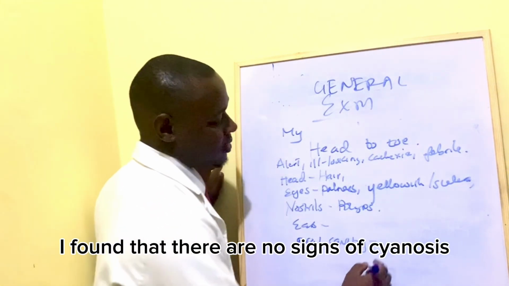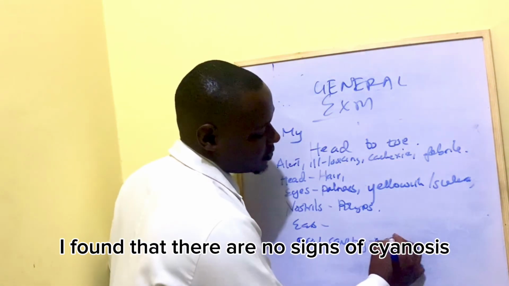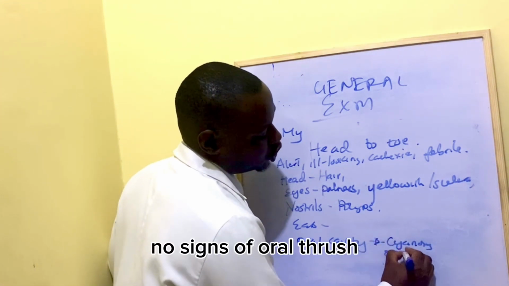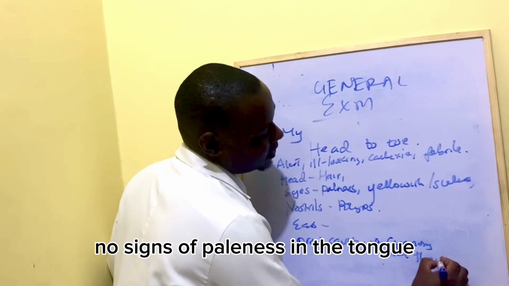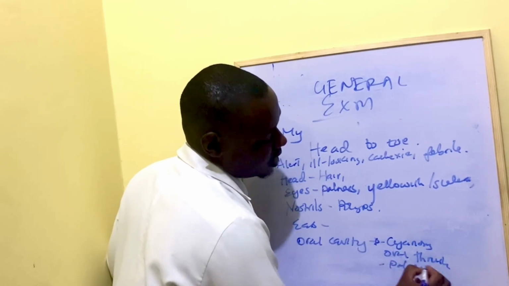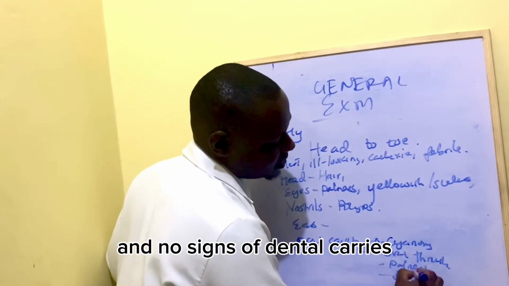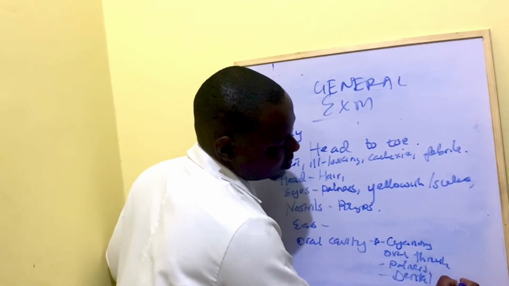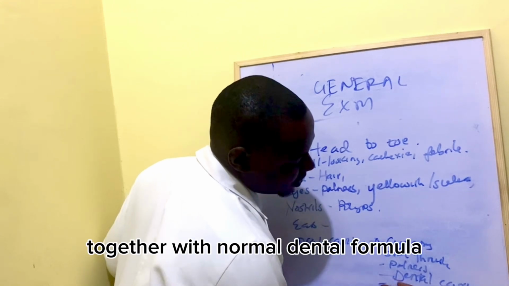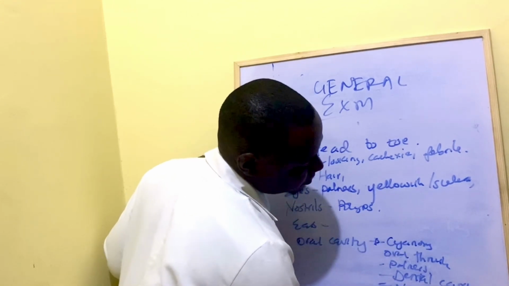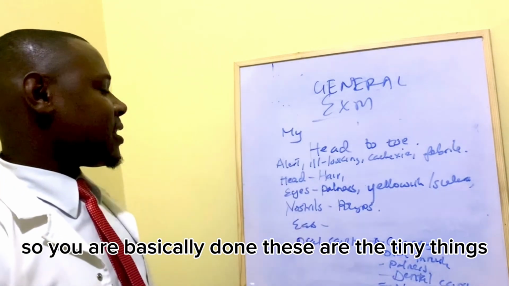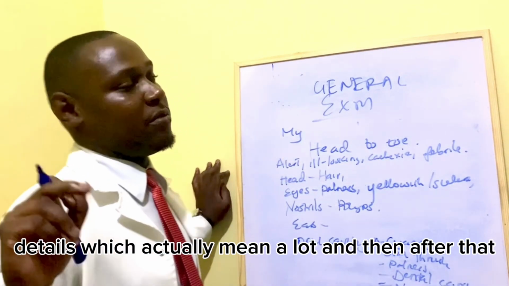I found that there are no signs of cyanosis, no signs of oral thrush, no signs of paleness in the tongue, and there are no signs of dental caries, together with a normal dental formula. You see. So you are basically done. These are the tiny details which actually mean a lot.